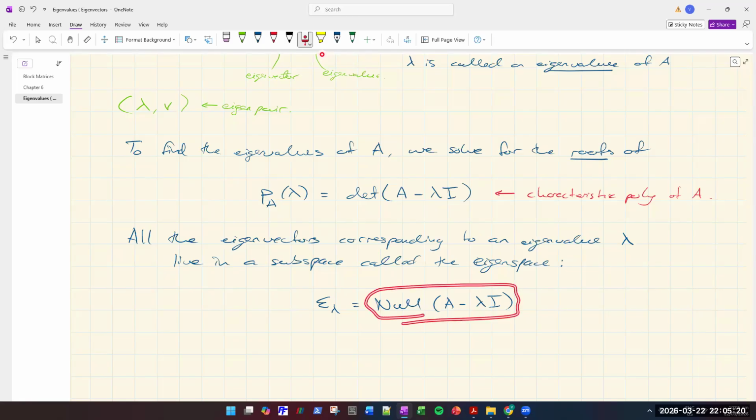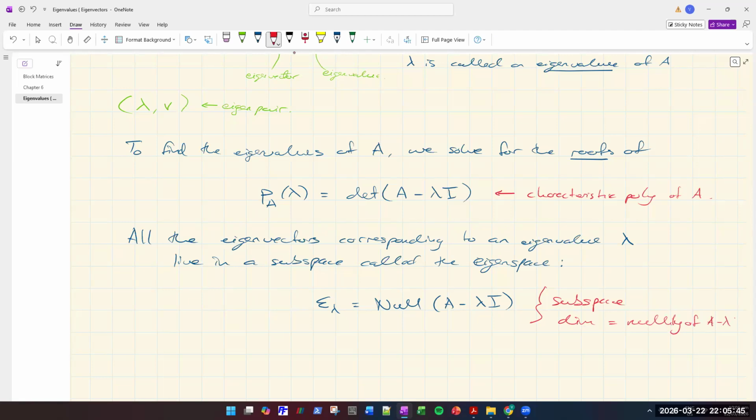The null space we know is a subspace, and that subspace is where the eigenvectors live. And the dimension is the nullity of A minus lambda I. The dimension of the null space is what we call the nullity.